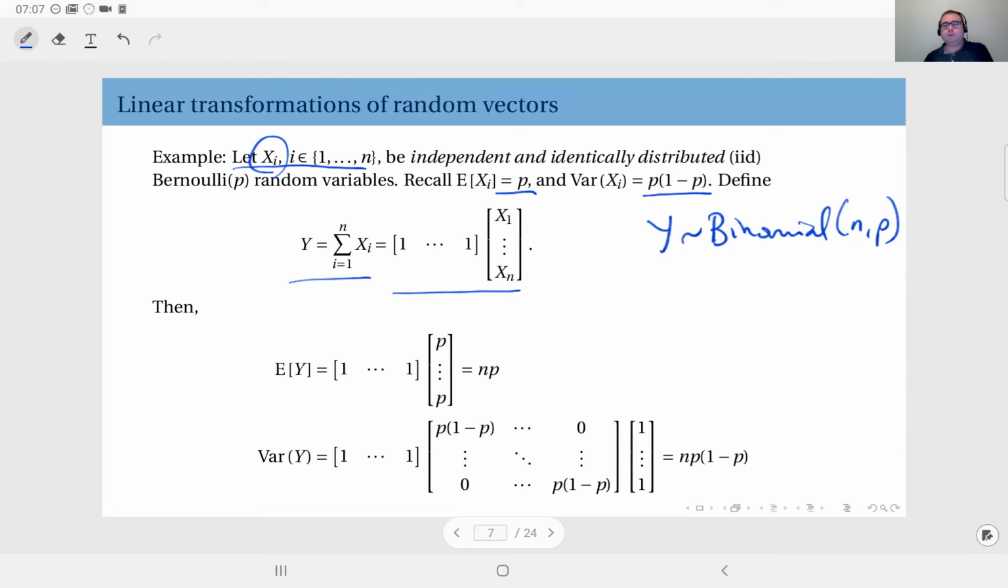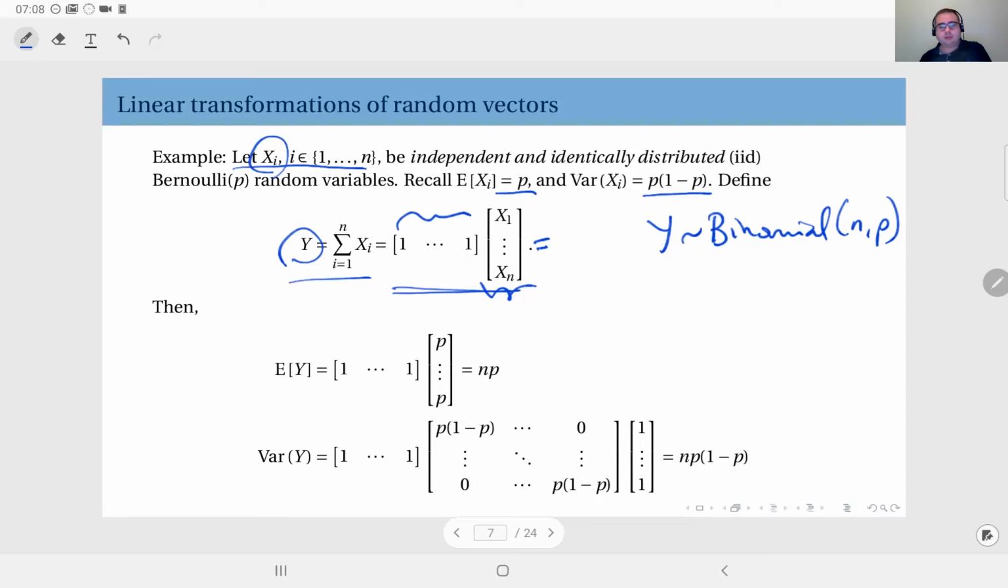If you have the components of x as IID Bernoulli p random variables, you can define a binomial random variable y through this transformation. You see, our A matrix here is just a row vector. And when you multiply it with this random vector, which is a column vector, you get something which has dimension 1. Of course, we will have just a single random variable in this case.